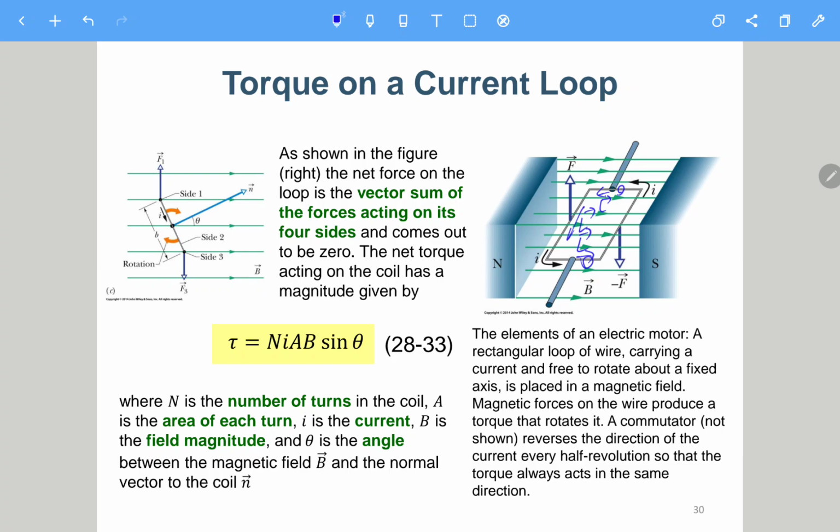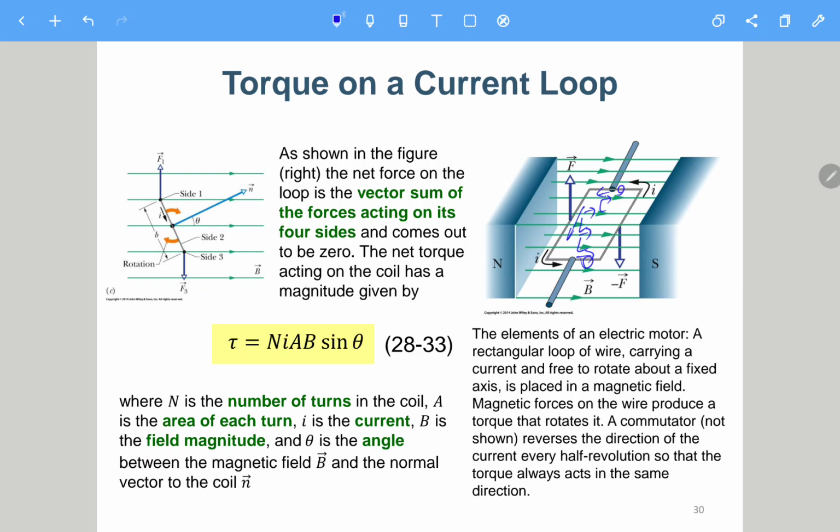For this one, L is pointing to that side. So L cross B, F is pointing upward. For this one, L is pointing upward, and for this one, L is pointing in that direction.